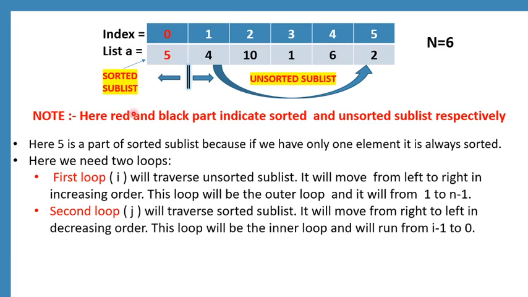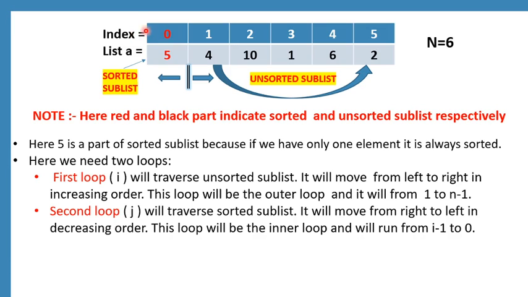Now coming to the second loop, that is for the sorted sublist, it will be the inner loop, and it will move from right to left. And if we go from right to left, what will we see?